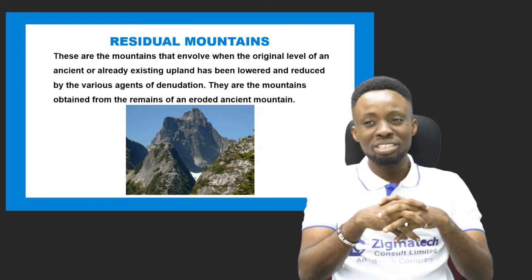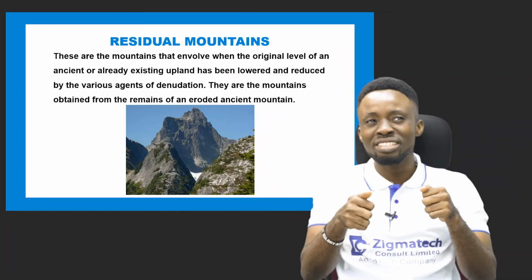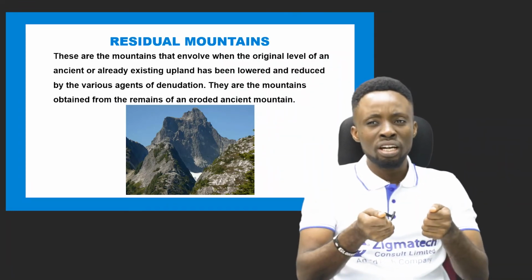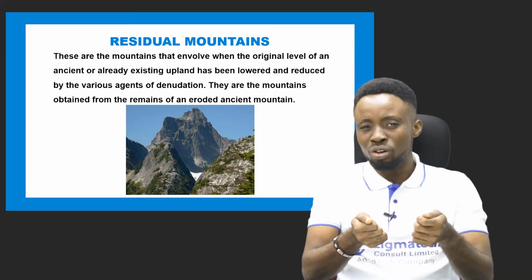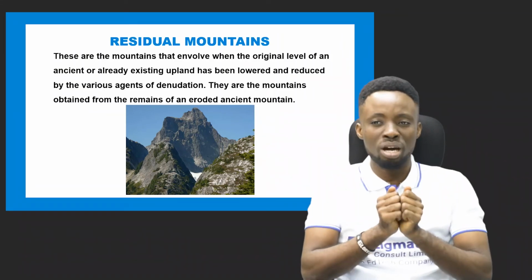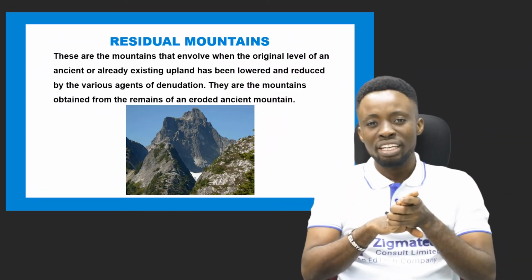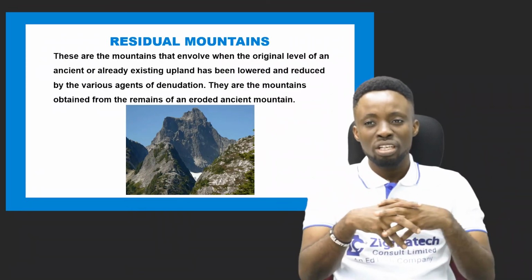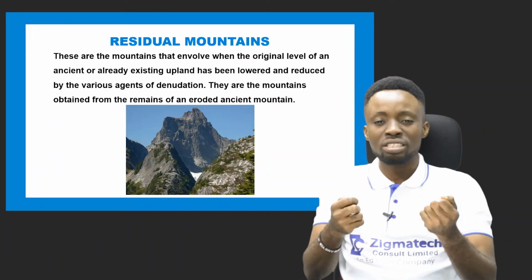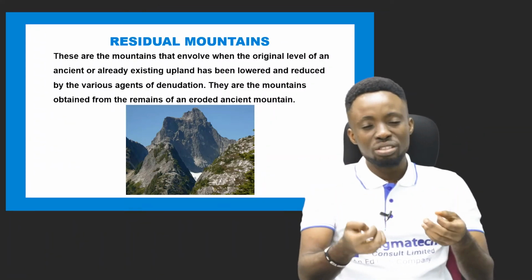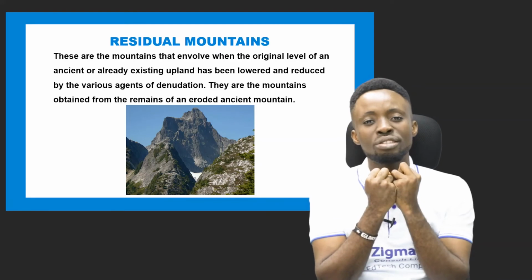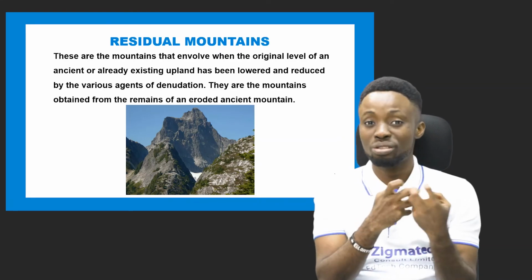A residual mountain is actually a mountain that is derived when an already existing mountain has been affected by agents of denudation. Now, that's to say that we can actually derive a residual mountain from a block mountain or a fold mountain.